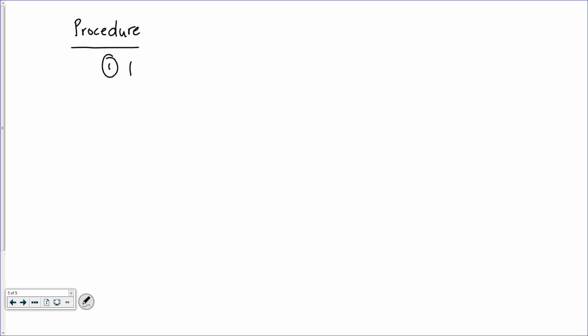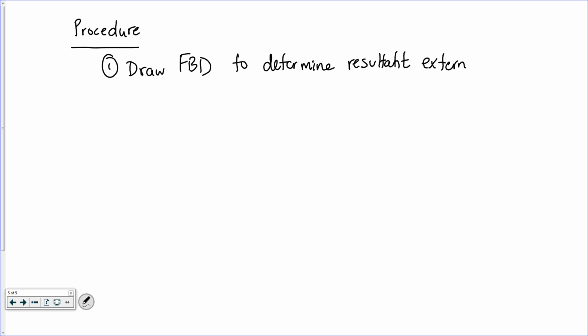Step 1, draw, you knew it, free body diagram to determine resultant external force acting on body in motion. Sorry, lots of words, but very important.